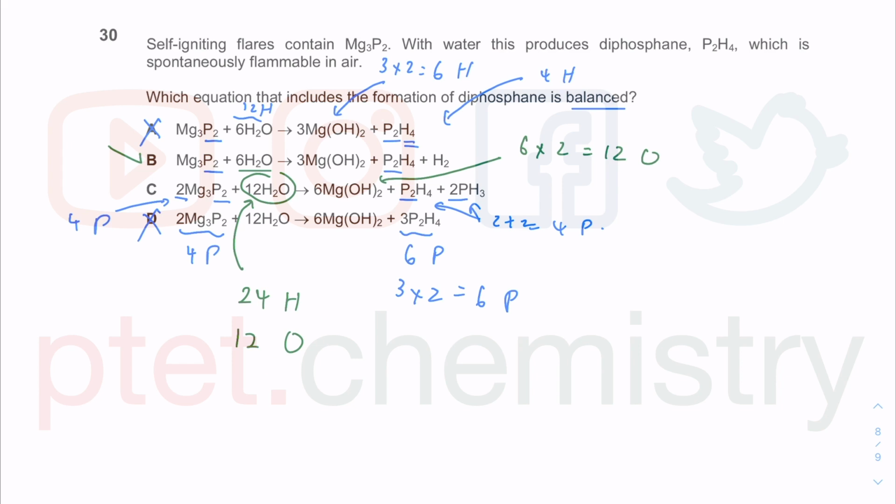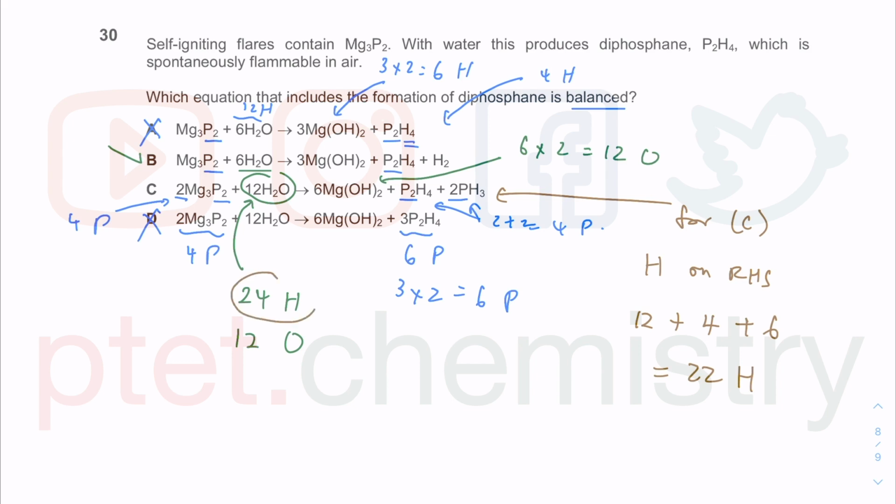Perhaps I can talk about hydrogen. On the right hand side, 2 times 6 is 12. I have 4 hydrogen here, and I have 3 times 2, which is 6. So I have 4 hydrogen from here and 6 hydrogen from the 2PH3. That gave me 22 hydrogen, but on the left-hand side, I have 24 hydrogen.